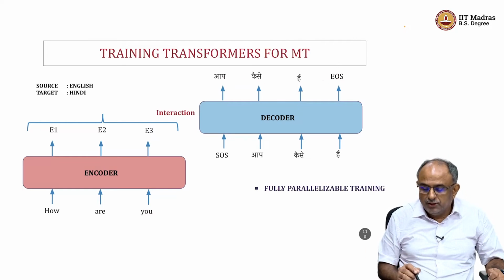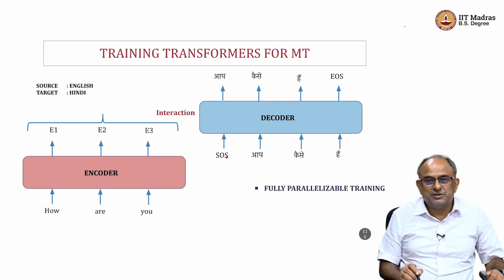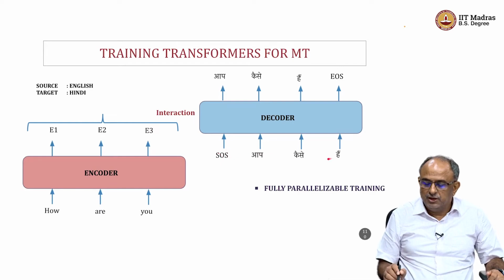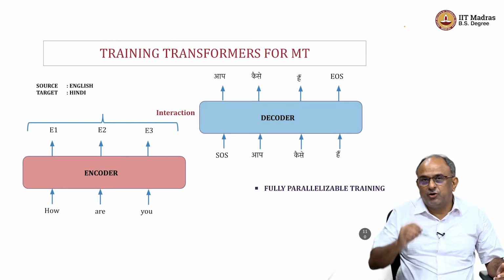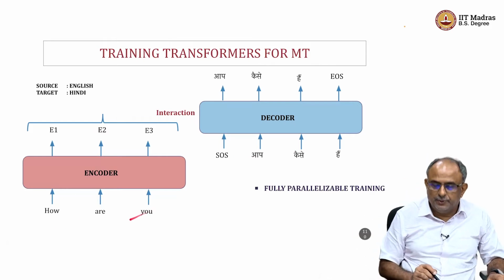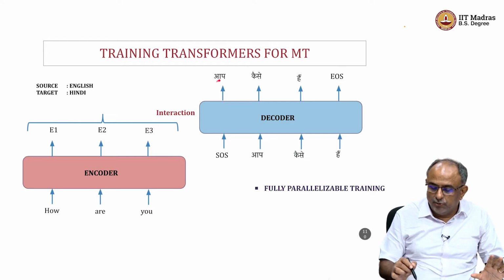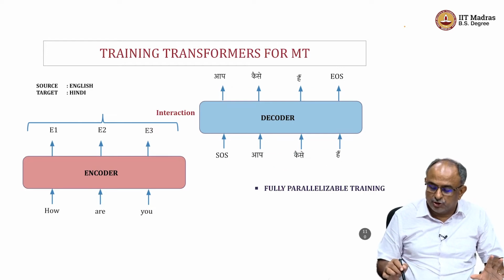I also know that the input will be what? Only right shifted, right. So, the input will be start of sentence and aap kaise hai. So, we know that in the decoder it has to be sequentially fed, but this is also available all in one shot.